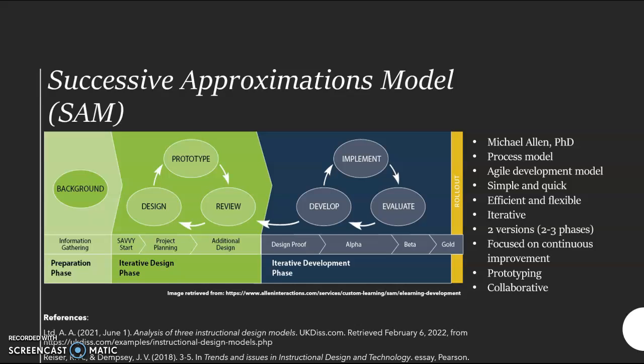As I mentioned, this is a collaborative approach. Prototyping is a big part of this, and the focus is on continuous improvement. It comes with the understanding that nothing can be perfect, but anything can be improved upon. So continuous improvement of the product is at the heart of SAM.